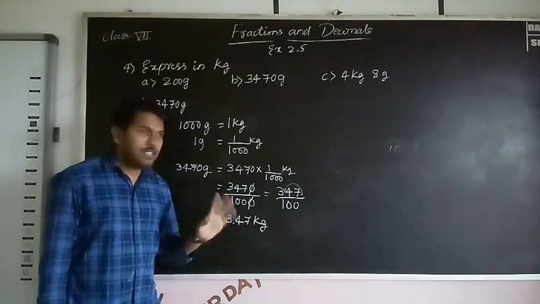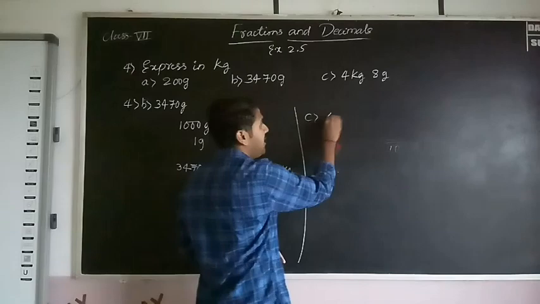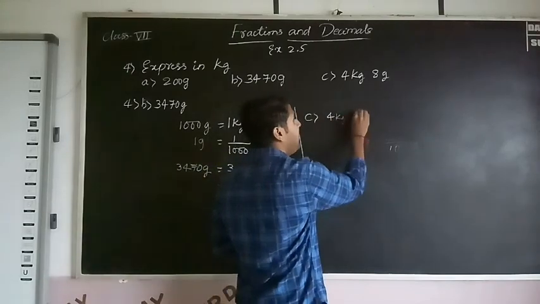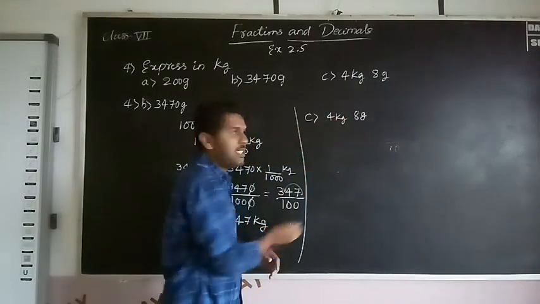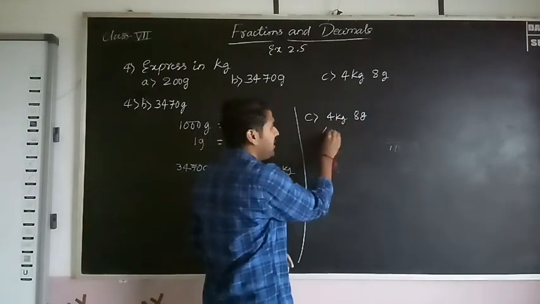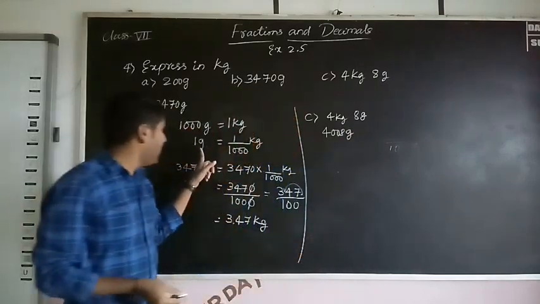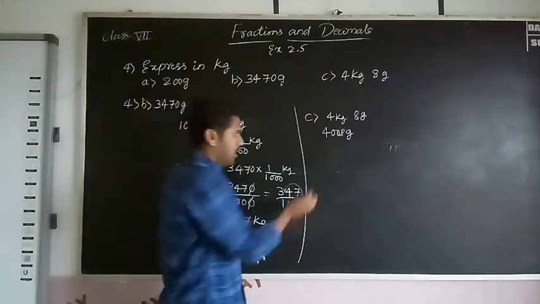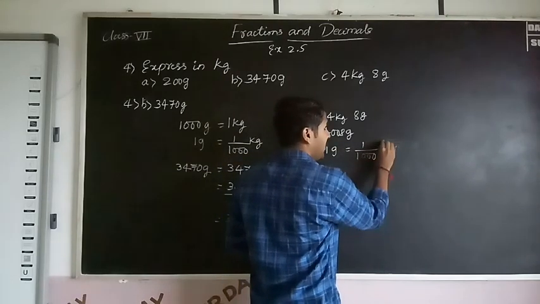So next, the third one, 4 kg and 8 gram. First write it in gram. 4 kg means 4000, 4000 plus 8, that is 4008 gram. You already know that 1 gram equals 1 by 1000 kg.